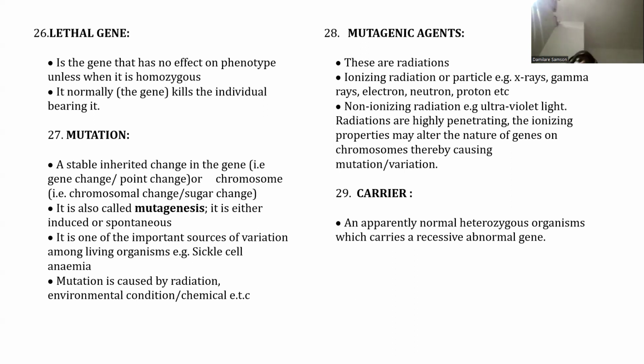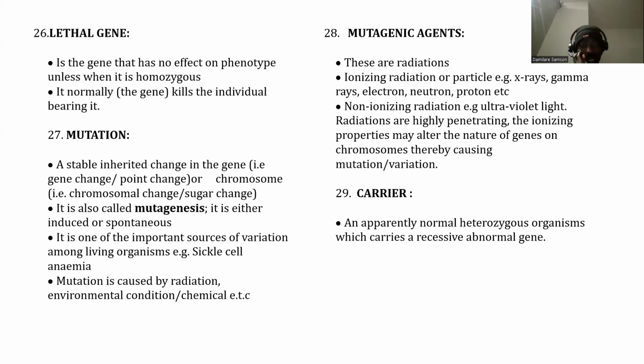Are you getting me? So we have cases of somebody saying you are, what did I want to use as an example? Can I use sickle cell as an example?